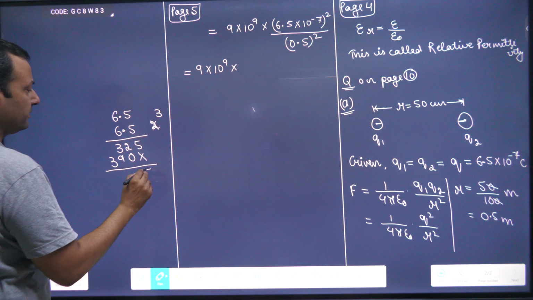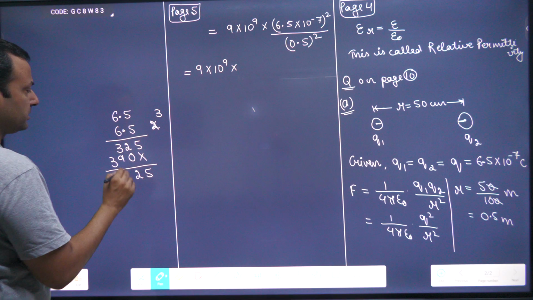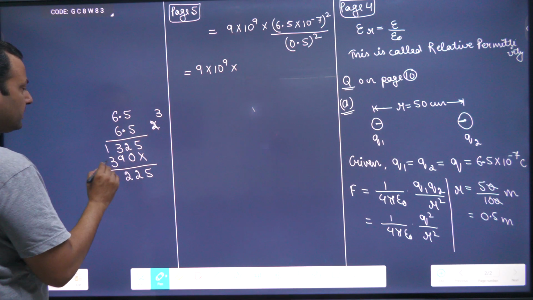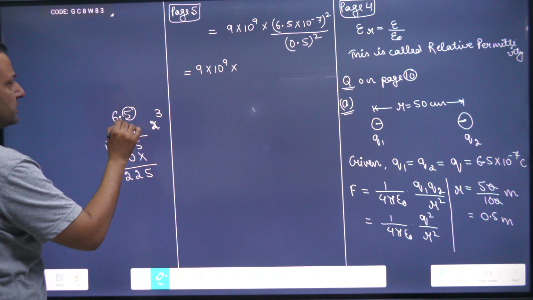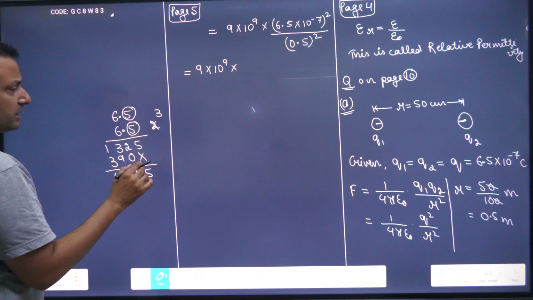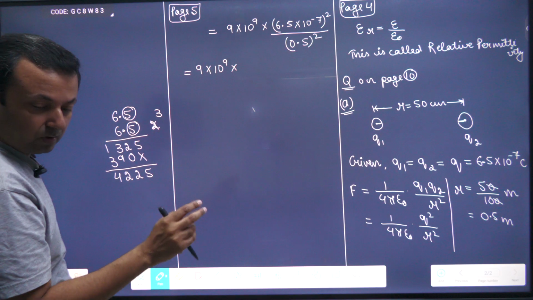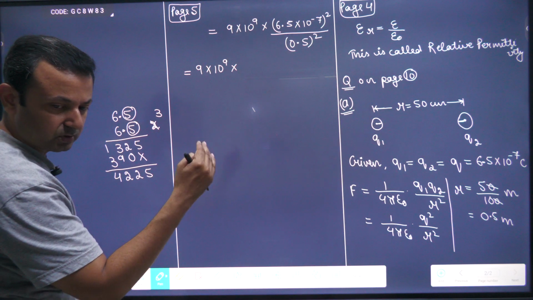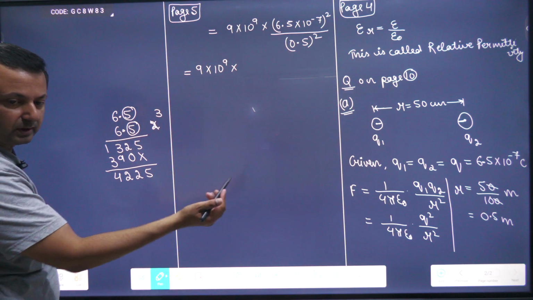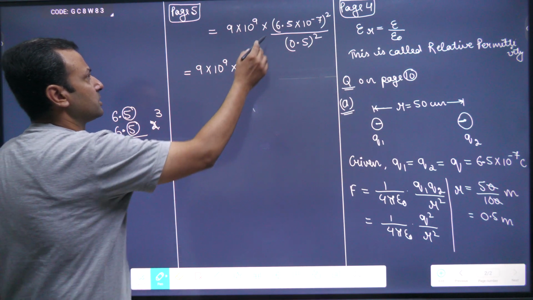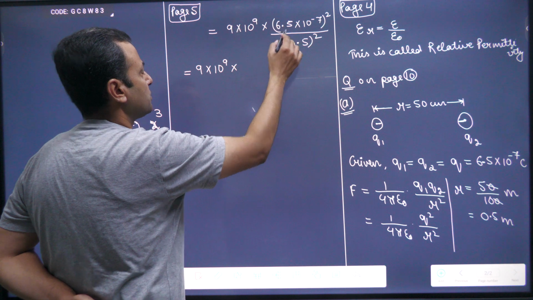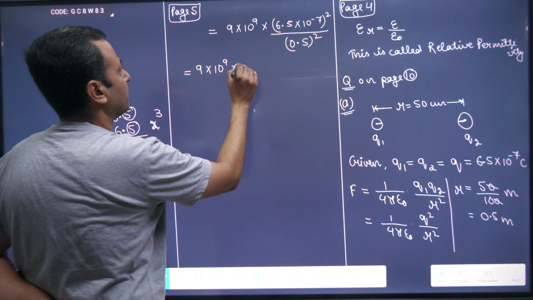Okay, 5, 2 plus 0 is 2, 3 plus 9 is 12, 1 carry, 1 plus 3 is 4. There is one digit after decimal in each number, so in all there are two digits after decimal. Count two digits from your right, 1, 2, it will be 42.25. So the whole square of 6.5 will be 42.25.